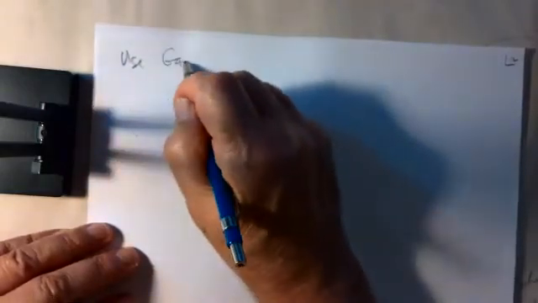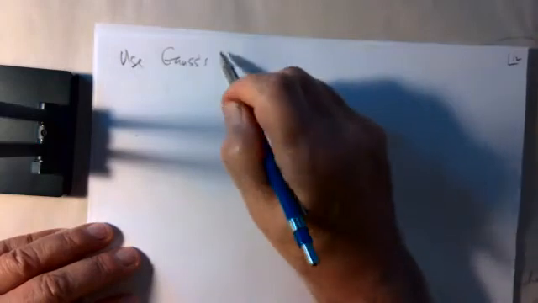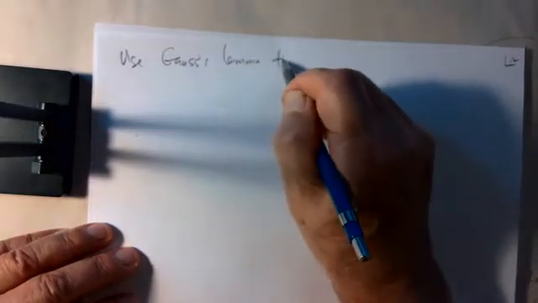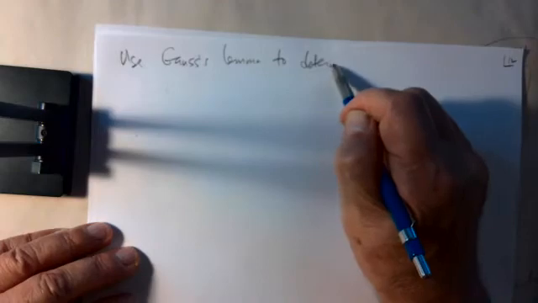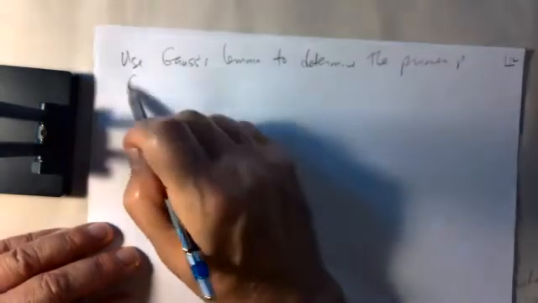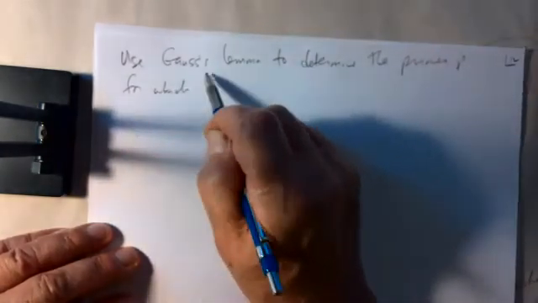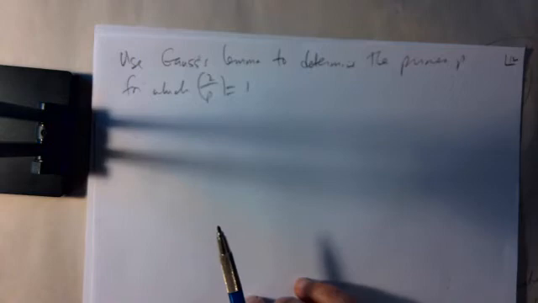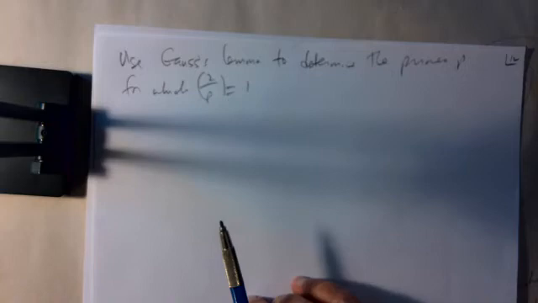So what we're going to do is use Gauss's lemma to determine the primes P for which (2 over P) is equal to 1. For what primes is 2 a quadratic residue?